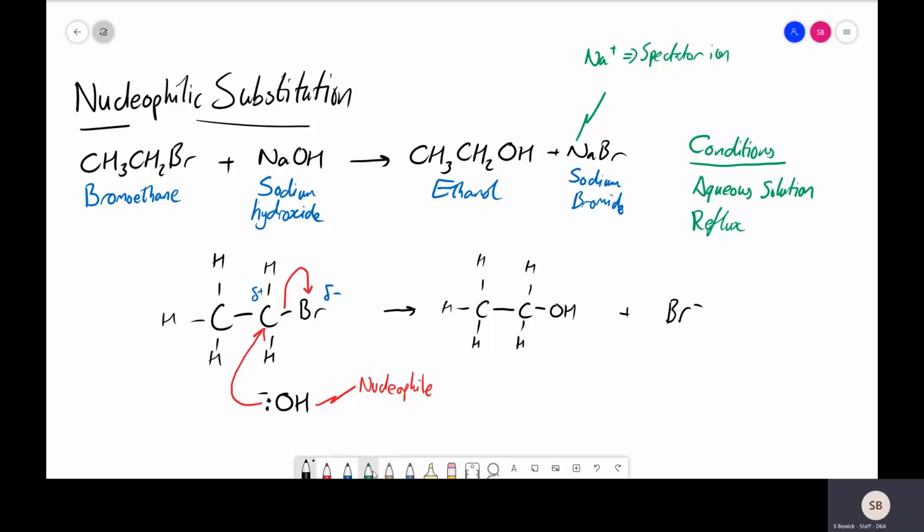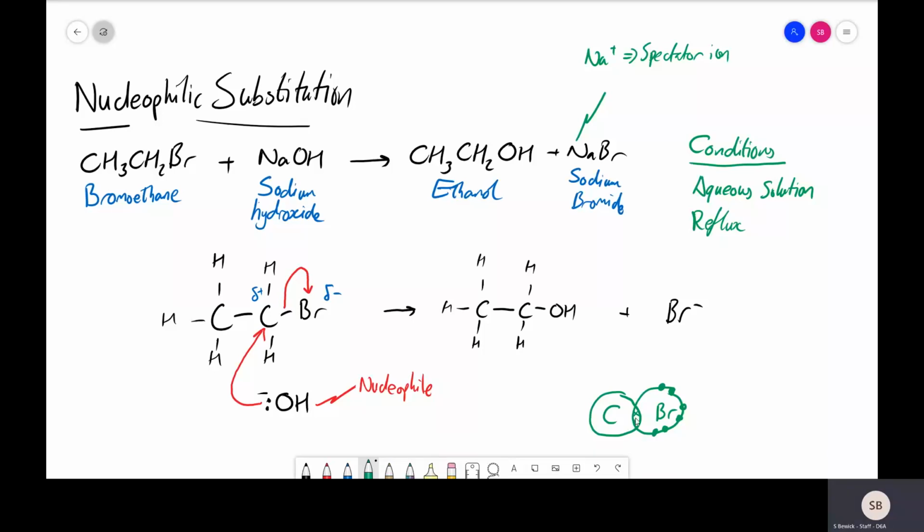So if we just think for a second about what that bond would actually look like, we just draw a really simple dot cross diagram. Bromine normally has 7 electrons around it, and one of those was in the covalent bond, and there was also an electron from the carbon.